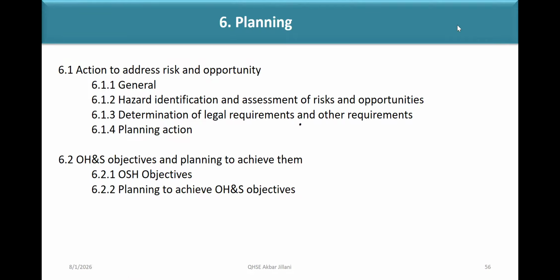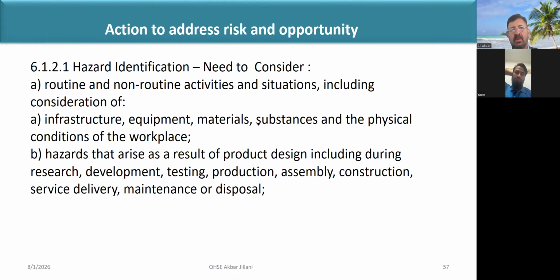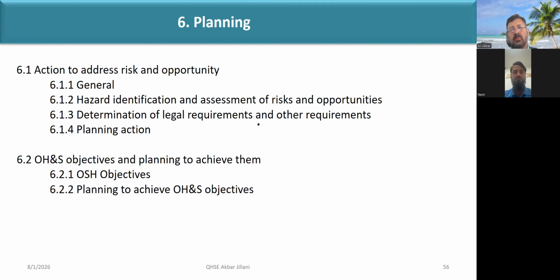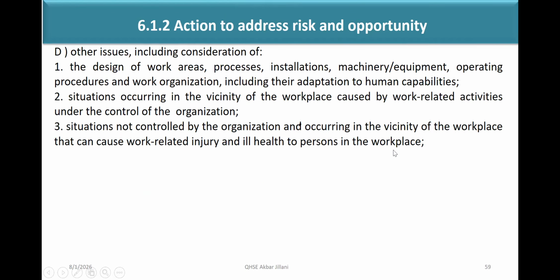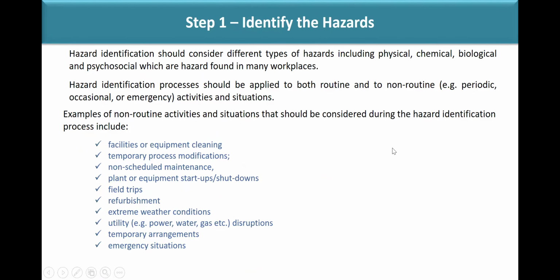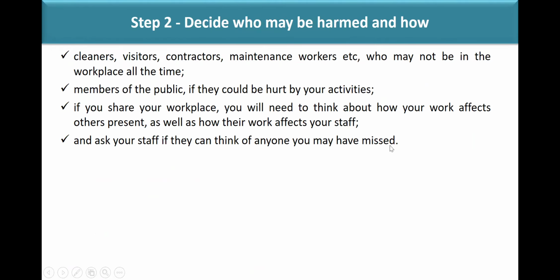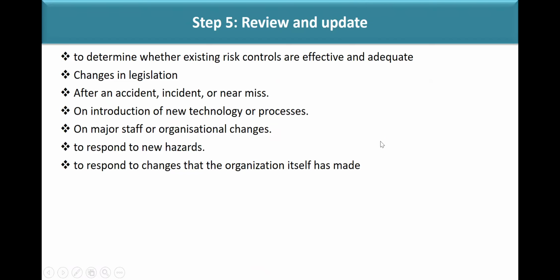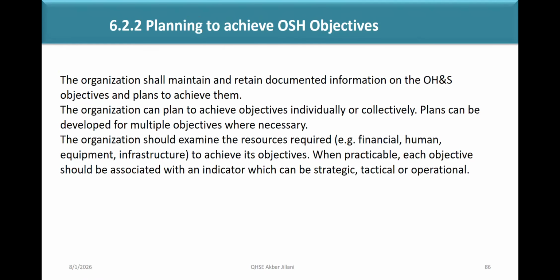Okay, now we are coming to class number 6. This is about the planning. In this planning, we will discuss 6.1 and 6.2, the different parts, and we will discuss risk management.